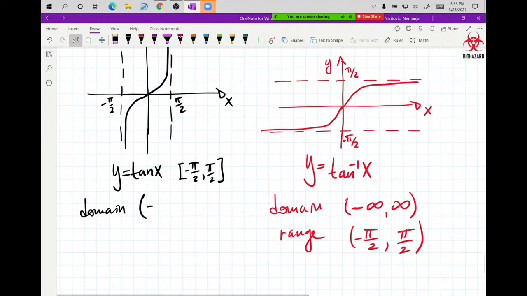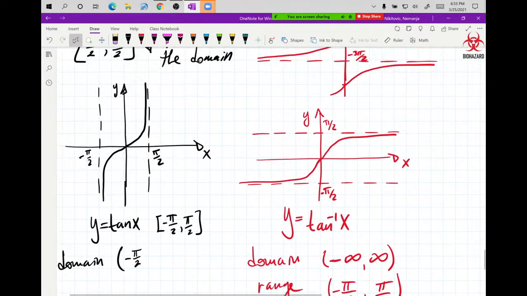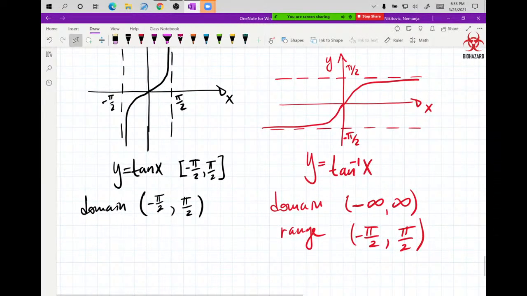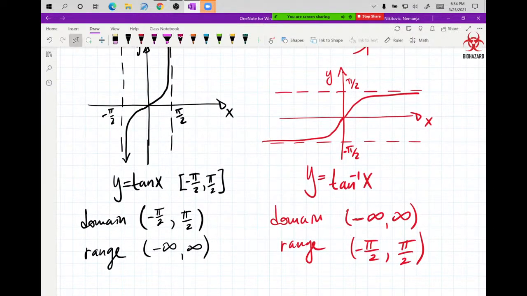So negative pi over 2 to positive pi over 2 would be the domain, and the range would be from negative infinity to positive infinity because, right, it goes forever down. Range is y, domain is x. So because these functions go forever down and forever up, they will have that in the range.